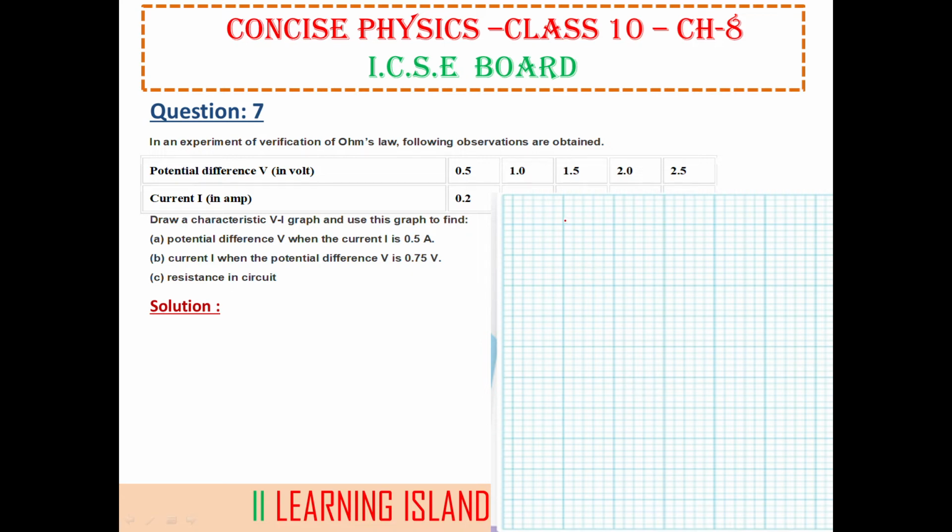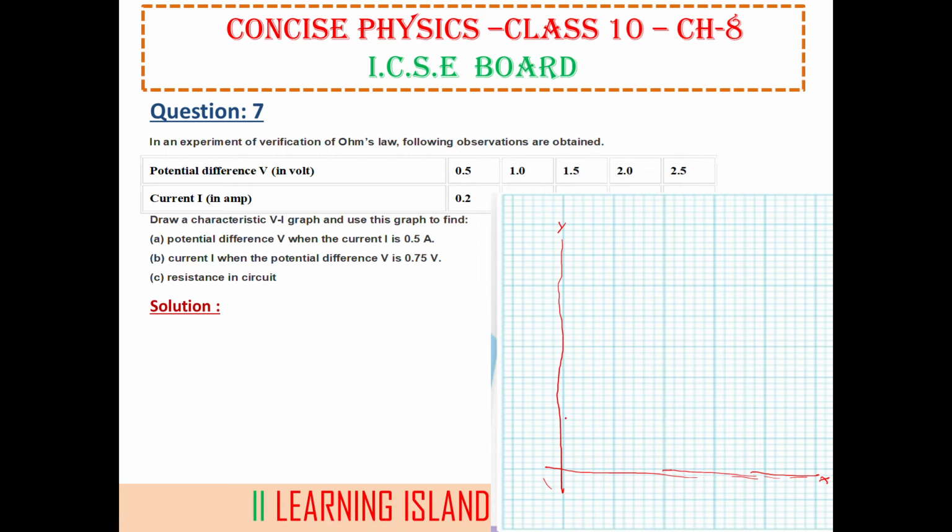The lines are not coming so straight, whatever, if you do it by scale. This is the X direction and this is the Y direction.